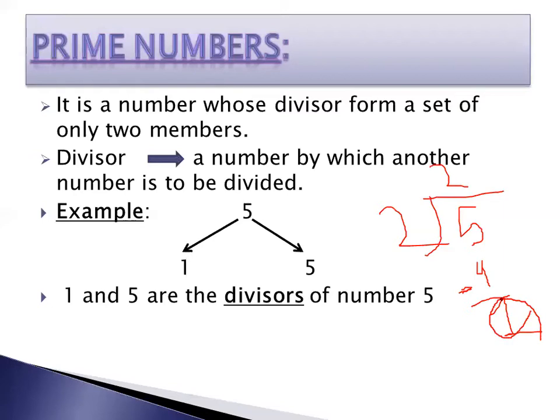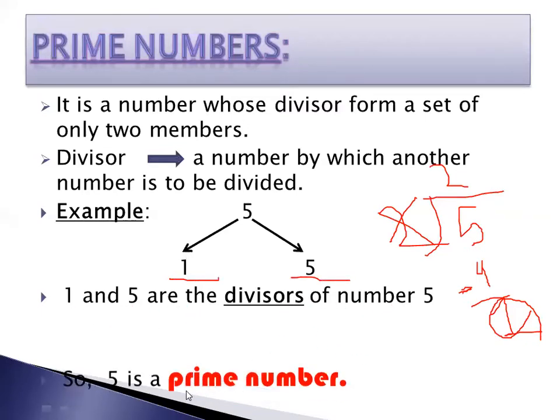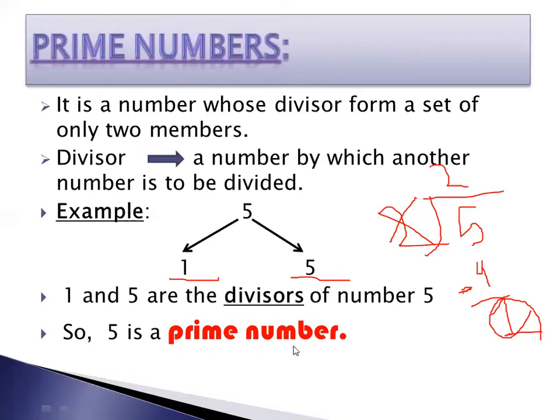If you get a remainder, that means this is not a divisor of your given number. For that, you have to divide the given number completely. So 5 can be completely divided by 1 and 5. That's why 1 and 5 are the divisors of number 5. So 5 is a prime number.